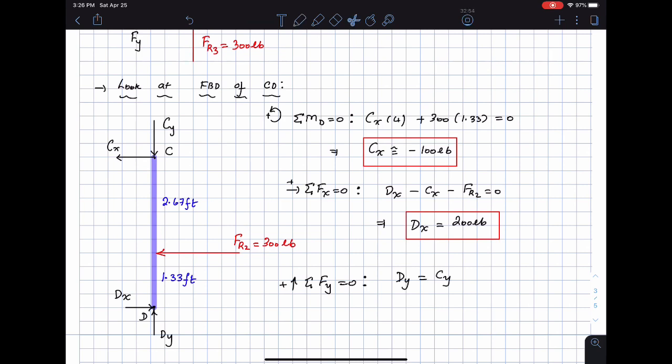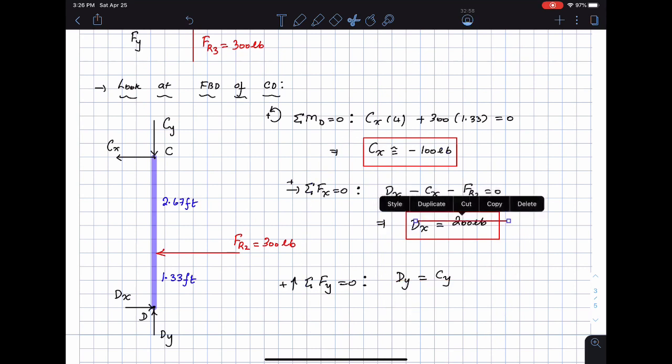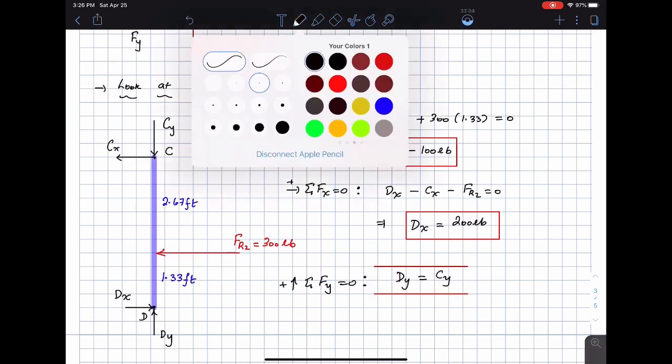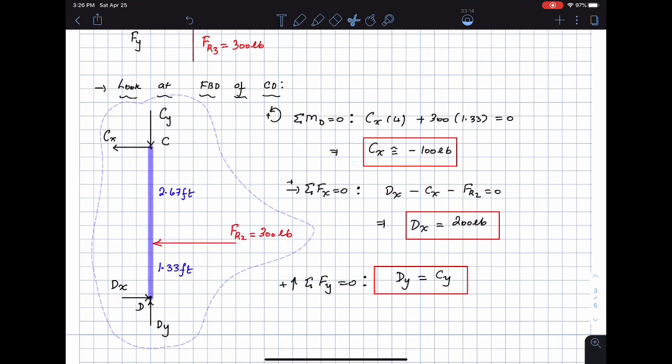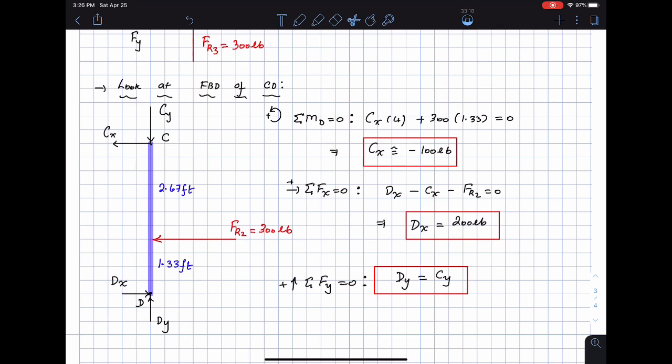I should copy that and paste it here. That's the last thing that I can obtain from this free body diagram. There is no more useful information in it, and I want to scoot this so that it doesn't go to the next page. So we are done with the free body diagram of CD. The maximum information that we can get has been obtained.